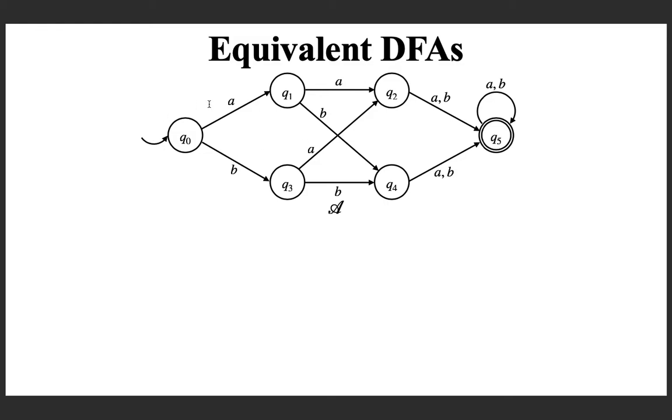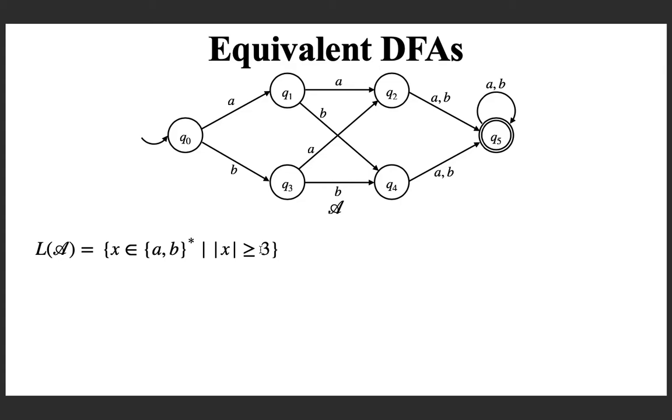It doesn't matter through which path you reach Q5. So all the possible strings of length 3 will take you to Q5, and from there you are staying in a final state. So the language accepted is the set of all strings with length greater than or equal to 3. So that's the language.